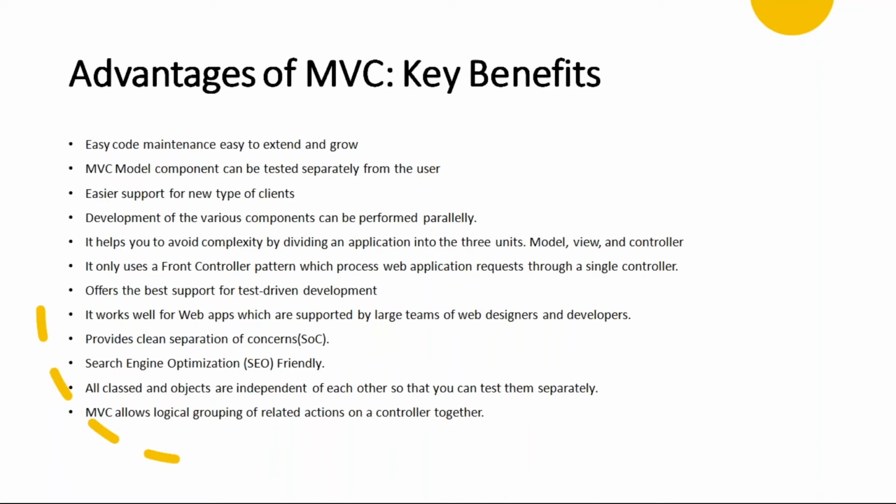Then the next one is easier support for new types of clients. A client basically talks about a browser. Like a browser is your client, which makes a request, like client-server.